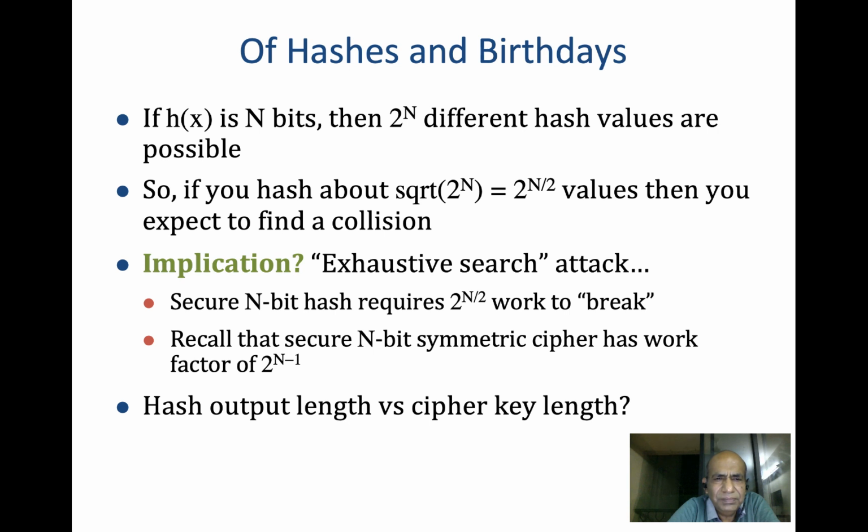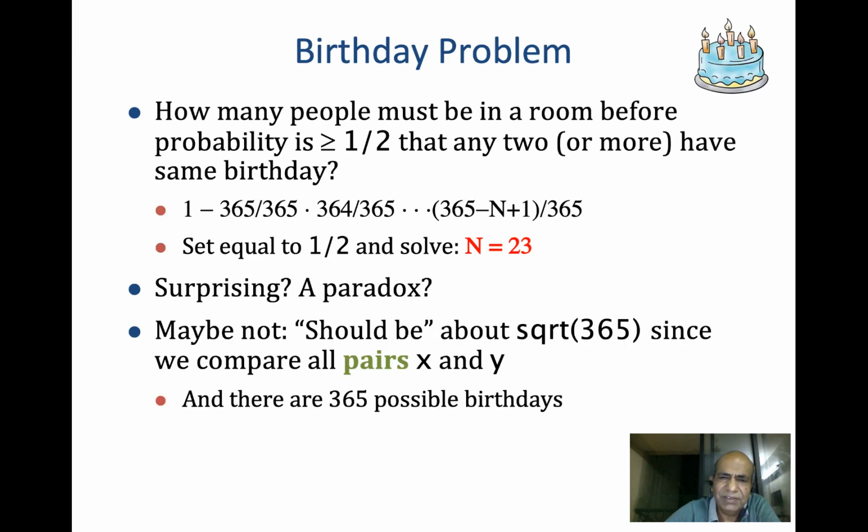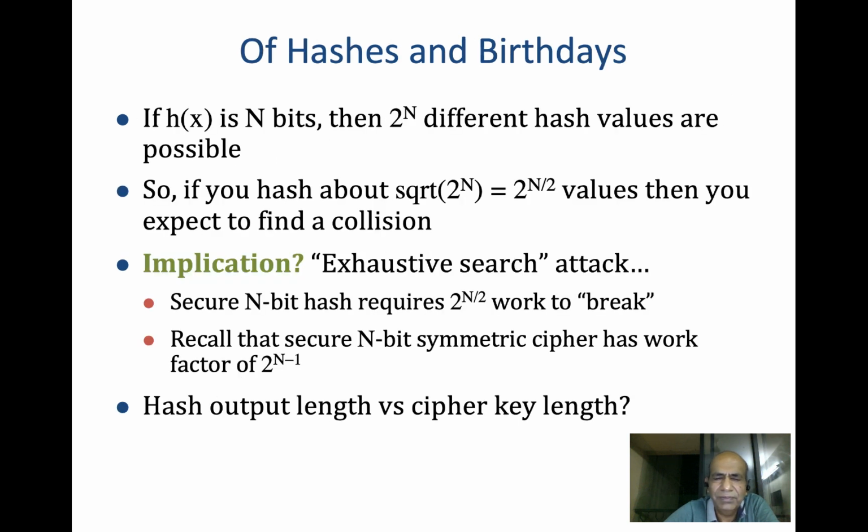So if you hash about the square root of 2 raised to the power n, which is 2 raised to the power n by 2 values, then you expect to find a collision. Earlier we have seen that with 23 people, which is approximately of the same order as the square root of 365, you get a collision. It means that two people will have the same birthday with probability greater than half.